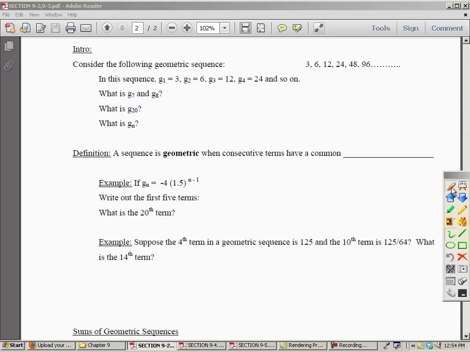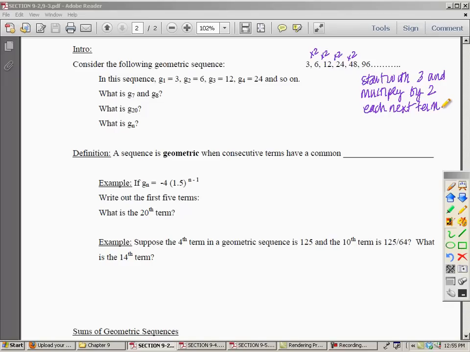If you take a look at this first sequence, I think you can see that. 3 times 2 makes 6, times 2 makes 12, times 2 makes 24, times 2 makes 48, and so on. So what do we know? You start here with 3 and multiply by 2 for each next term.